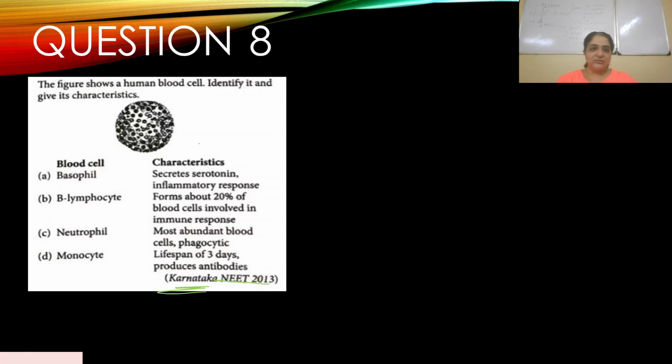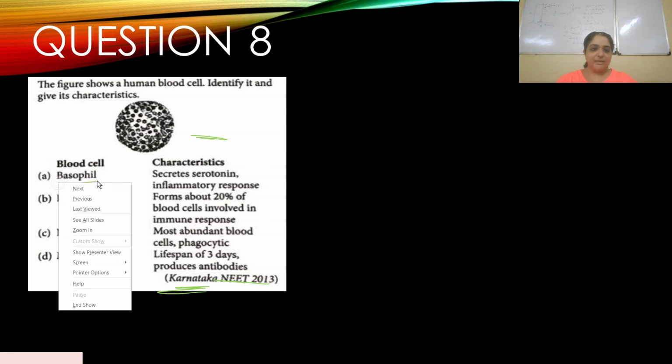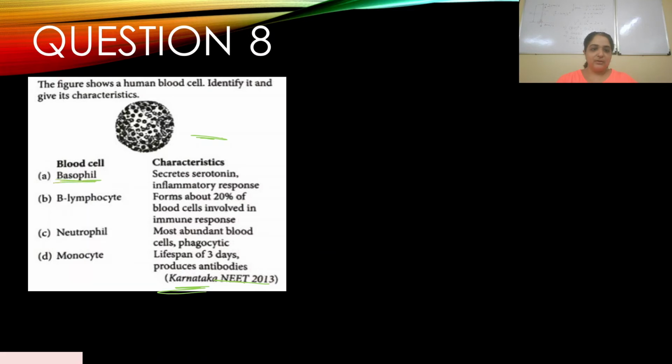What you see in the diagram is actually a basophil, and that secretes serotonin and participates in the inflammatory response. B lymphocytes form about 20% of blood cells involved in immune response.